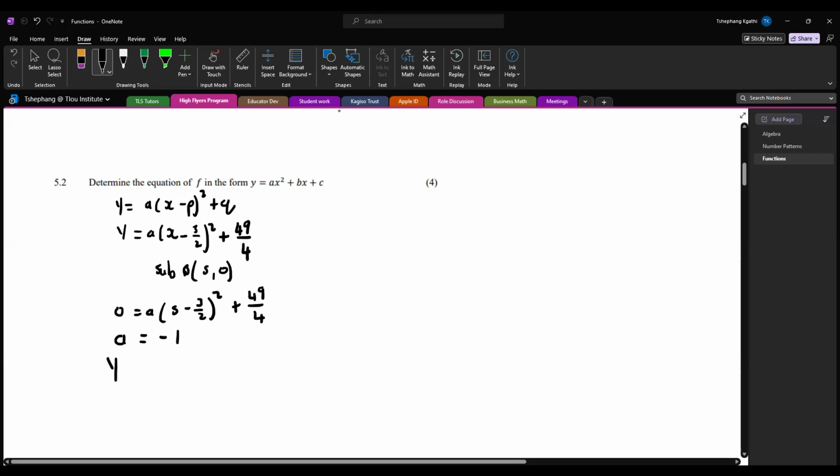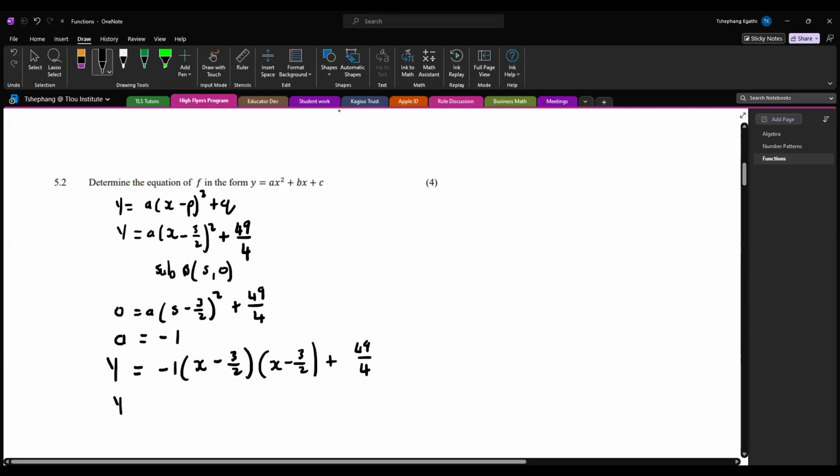So y is equal to minus 1 into (x minus 3 over 2) all squared. Right. Now, instead of saying all squared, I'm going to just write 2 brackets. And then plus 49 over 4.